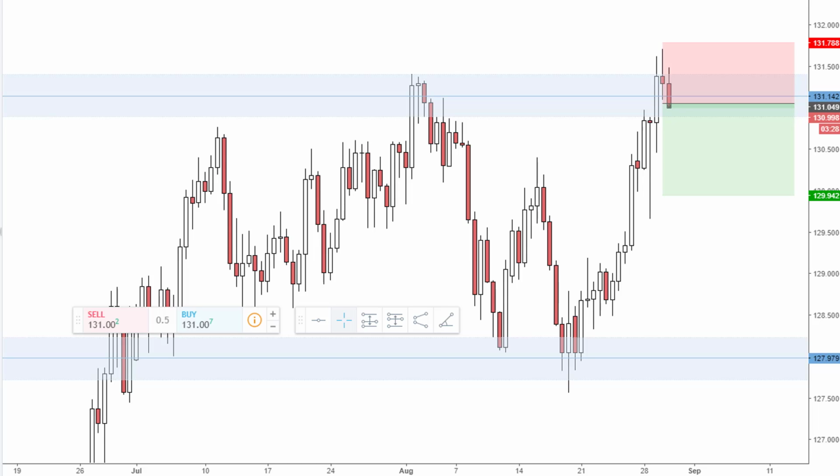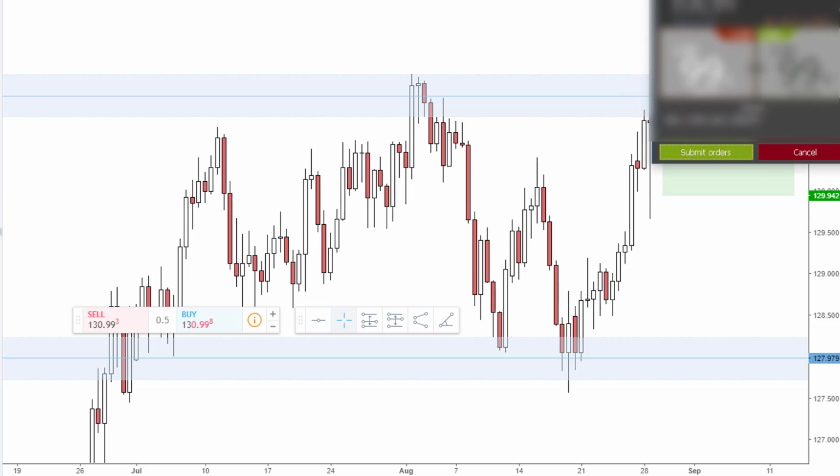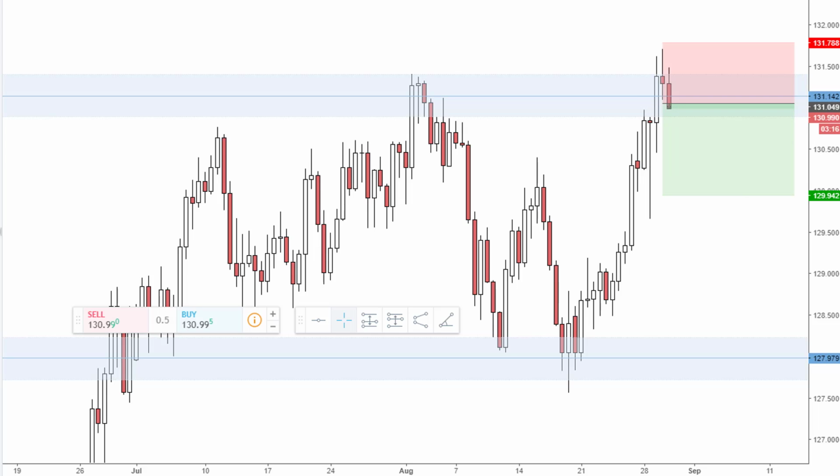I'm rushing because this trade's already kind of triggered and I haven't actually entered, so I'm just going to enter real quick. Damn it, I messed something up.